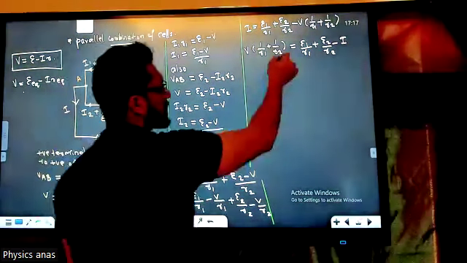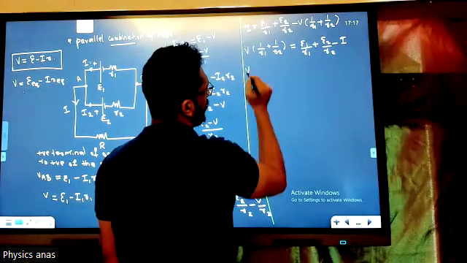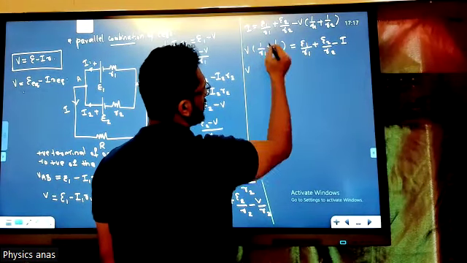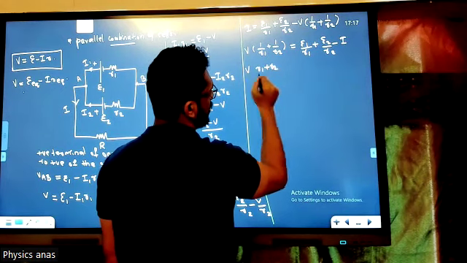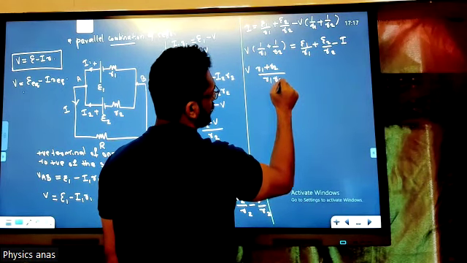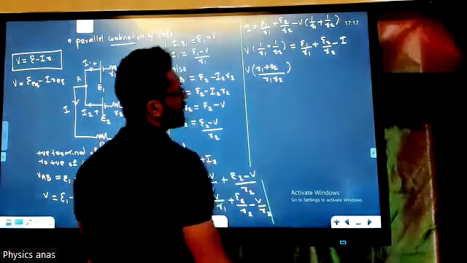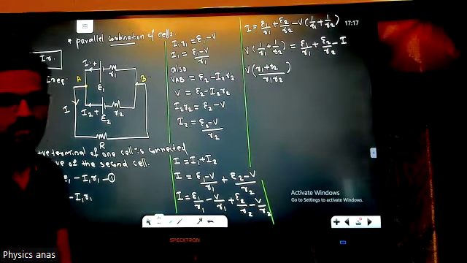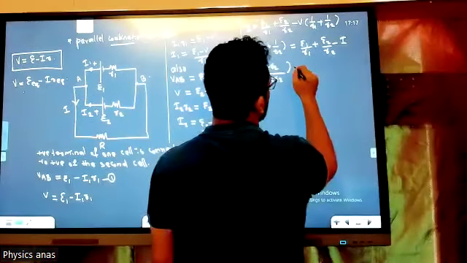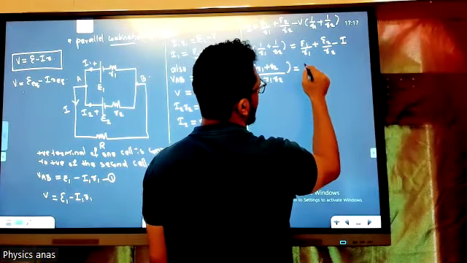Right? And cross multiplying it, what will that be? V into R1 plus R2 divided by R1 R2. Okay, and I am cross multiplying this also. What will that be?